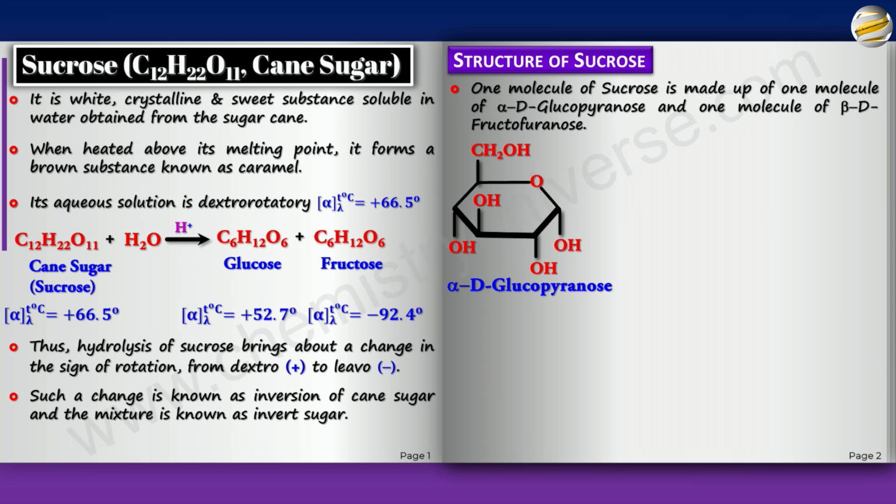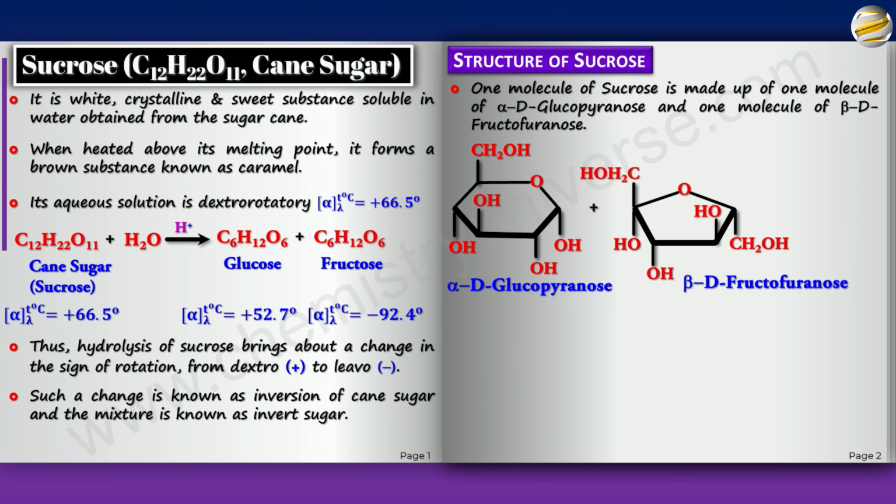Then we are going to talk about beta-D-fructofuranose, but I'm going to make a little change in this. I'm going to write it like this. If you remember, we would make a 5-membered ring and put the ether O here, and if it is D, you put the CH2OH on top.